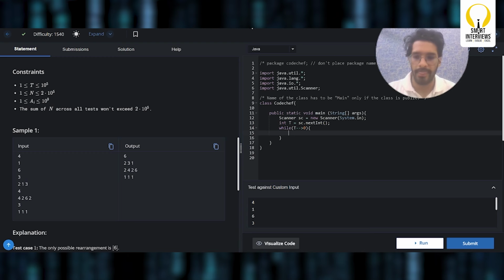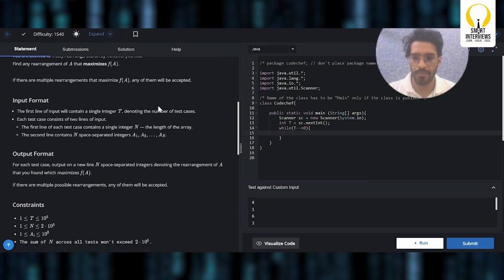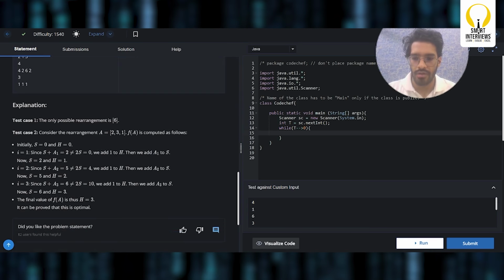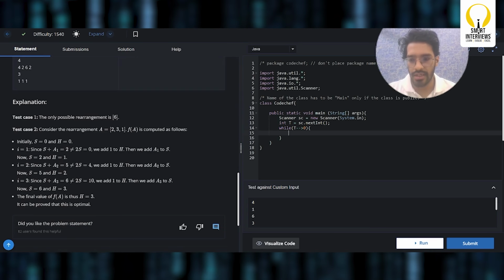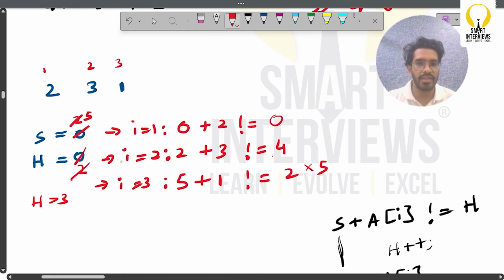So if you see in the question itself, even in the explanation, they say that the final value of f of a needs to be h equals to 3, and they have given a statement that it is also proved optimal.